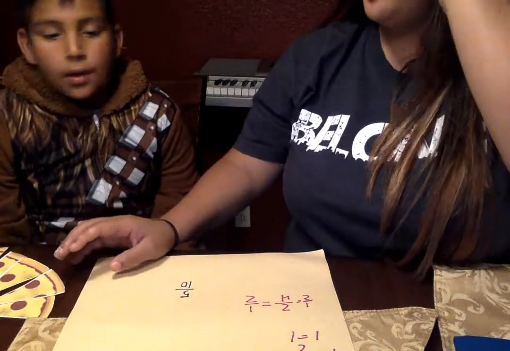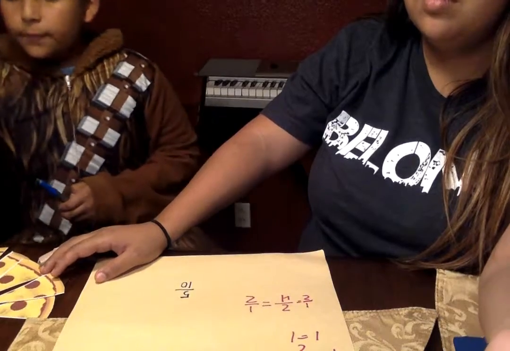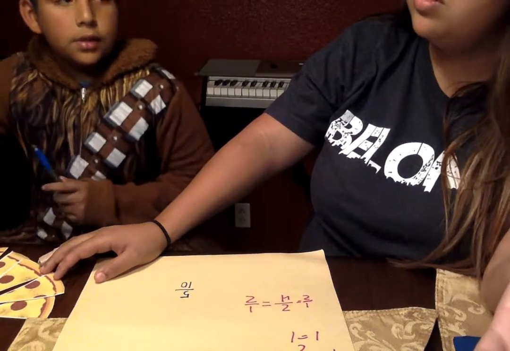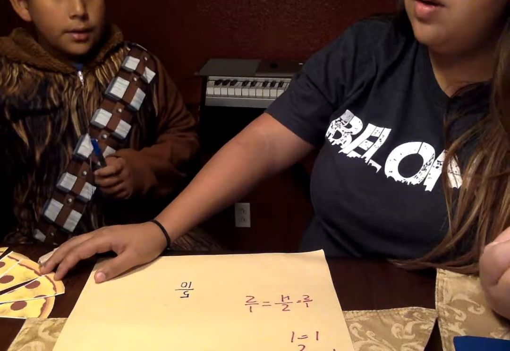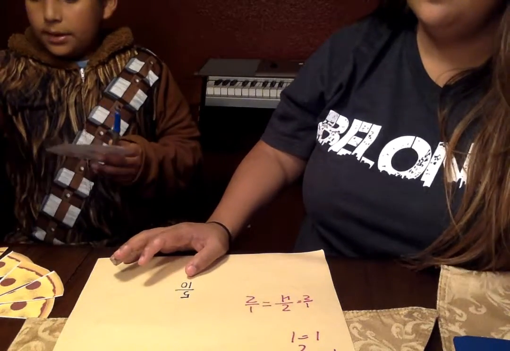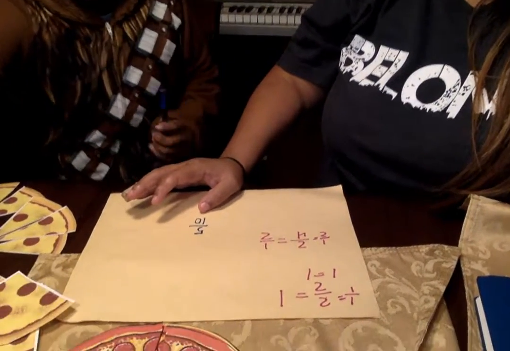Okay. What do you think it could be equal to? Go ahead. What do you think it could be equal to? 2/4. Okay. Go ahead and write that down. So I would get 2 of these big pieces.